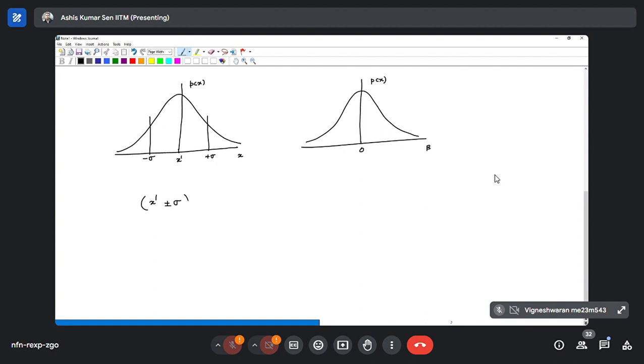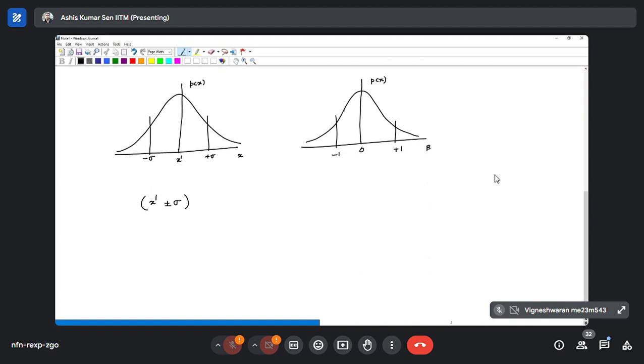So this is the boundary. Or if I write in terms of beta, I would talk about z1 from minus 1 to plus 1. When x is minus sigma, your z will be minus 1. When x is plus sigma, your z will be plus 1.